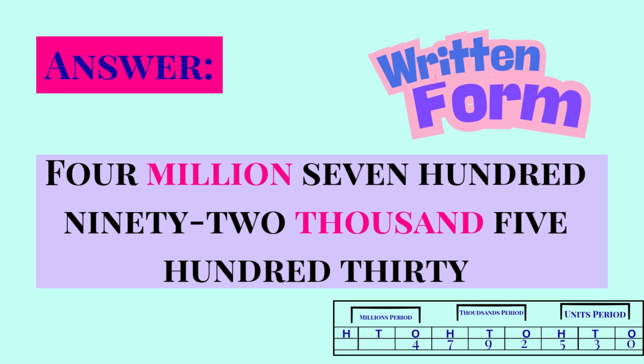We read that as 792. Then add the period name, thousand. In the units period, we have 5, 3, and 0. We read that as 530. Remember, state the number in each period, then follow it with the period name.